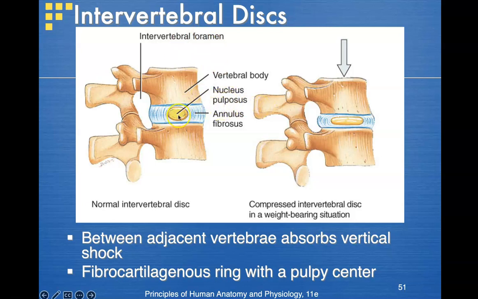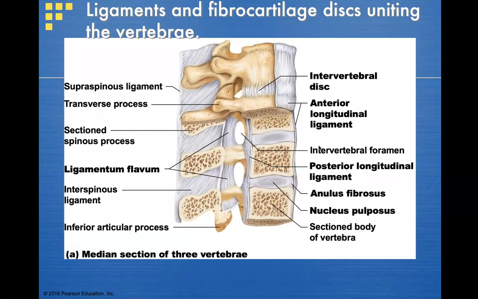This tough fibrocartilage helps the intervertebral disc maintain its shape, but this nice soft squishy center allows it some shock absorption. You can see this is compressed in a weight-bearing situation here. And so that's the purpose of our intervertebral discs.